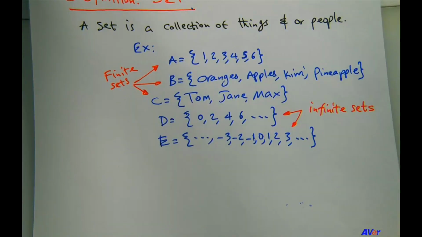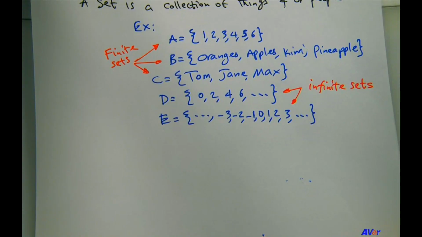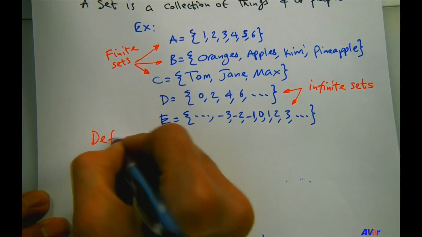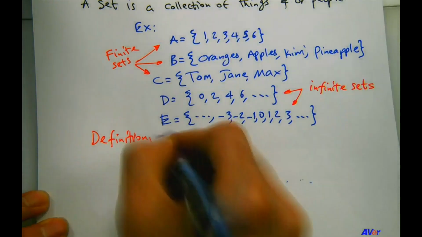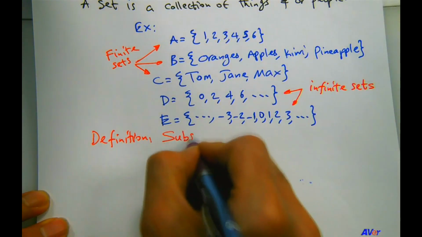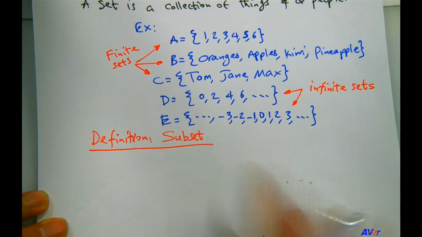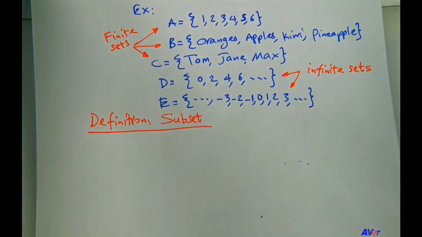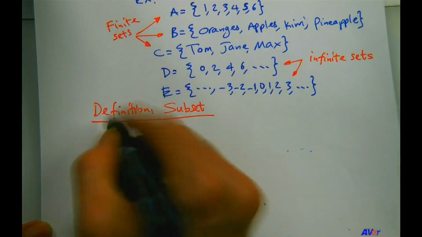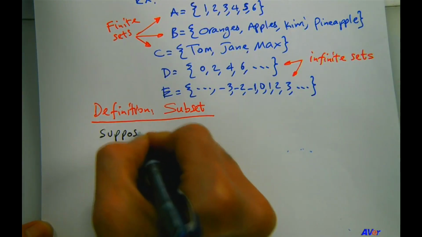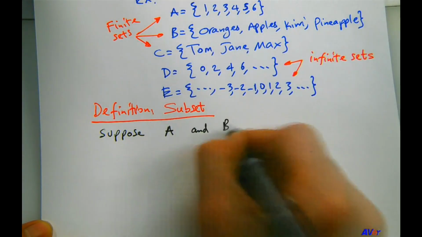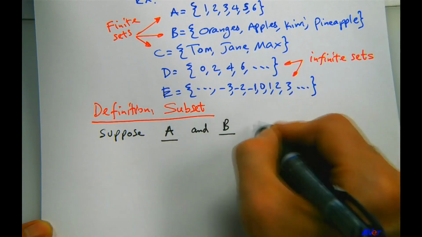So once we define a set, then we should also define a subset. Okay? And of course, it has its own notation. And so suppose A and B are two sets.